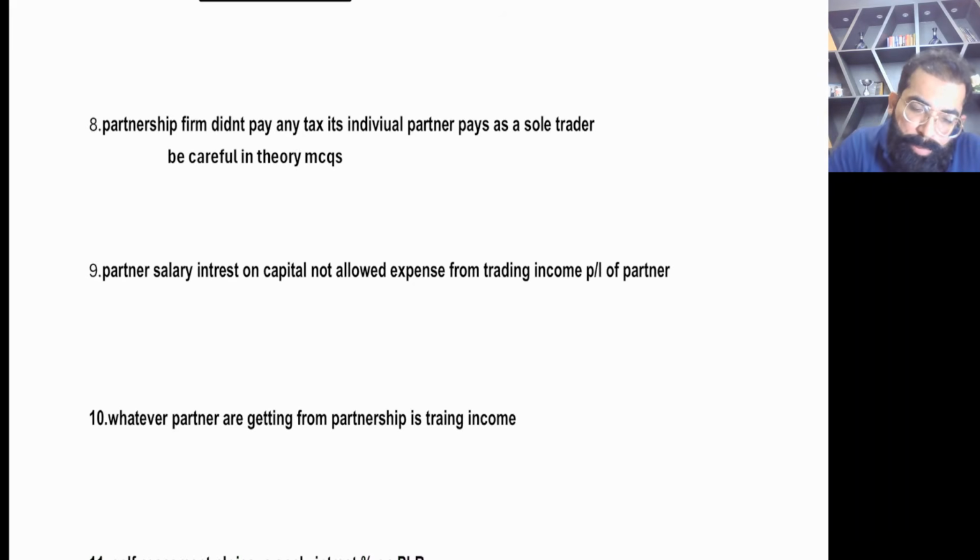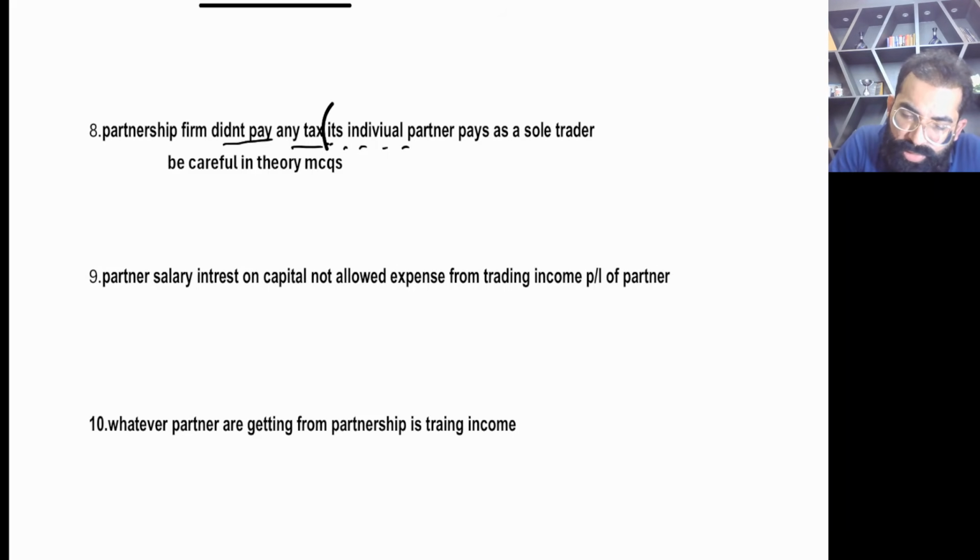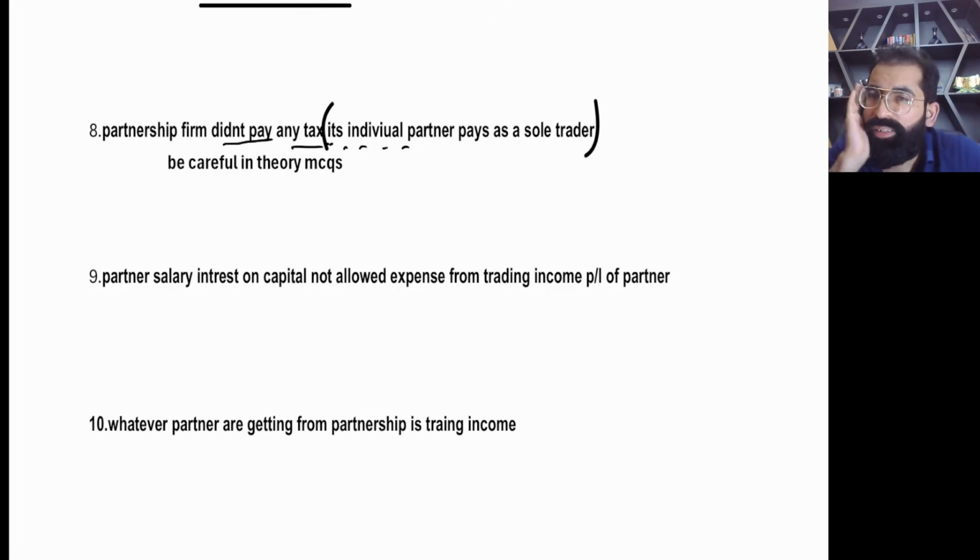Then we have partnerships. The partnership firm does not pay any tax; it is the individual partners who pay tax as sole traders. So when a combined partnership income is given, you need to do appropriation of profits and distribute it to each and every partner.